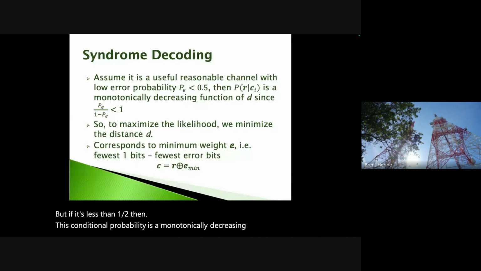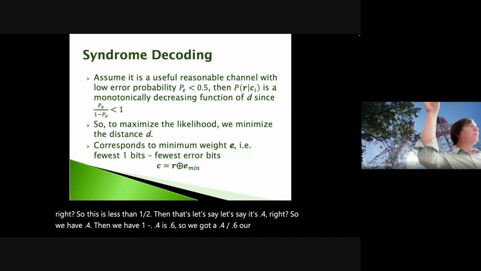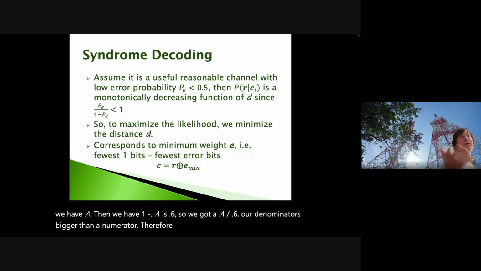d. So if this is less than 1/2, let's say it's 0.4, then 1 minus 0.4 is 0.6. So we've got 0.4 divided by 0.6. Our denominator is bigger than our numerator, therefore it's less than 1. I think we can all accept that.